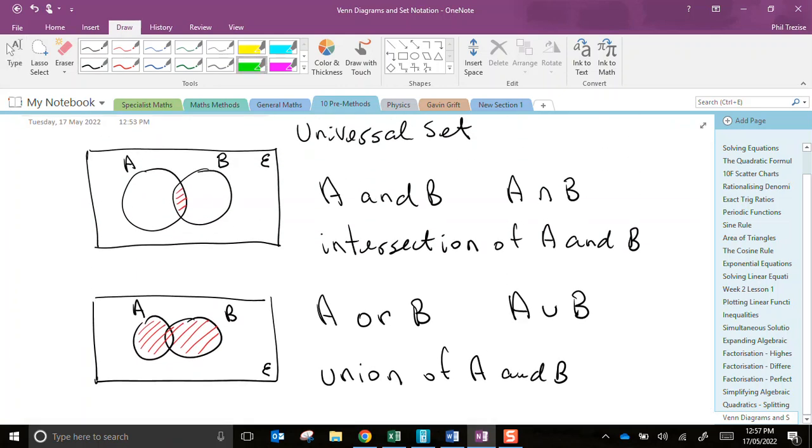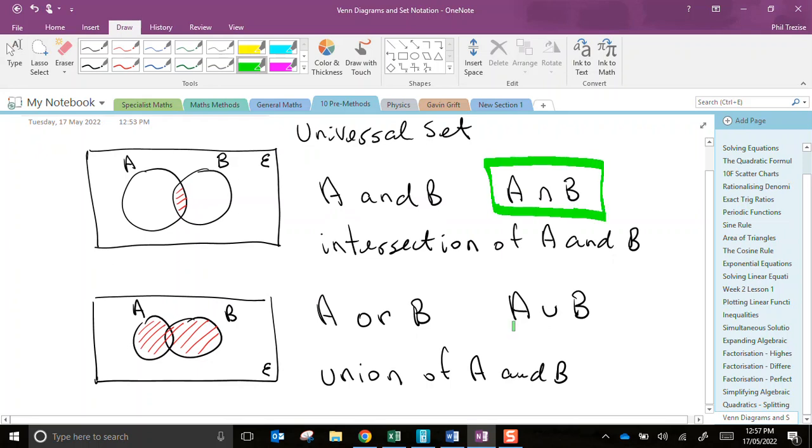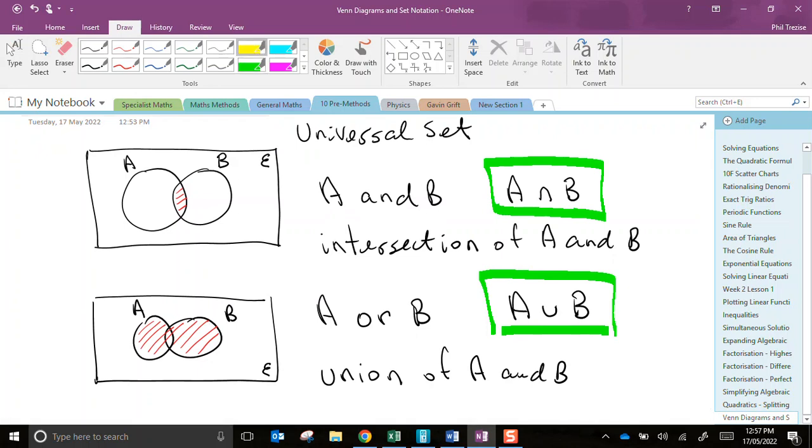Mathematically, the symbol would be A intersect B or A union B. And if you think that this is something that I sort of did when I was beginning to learn this, that looks a little bit like the letter N, which is in the middle of the word and. You'll always remember that and means the intersection, or means the union.